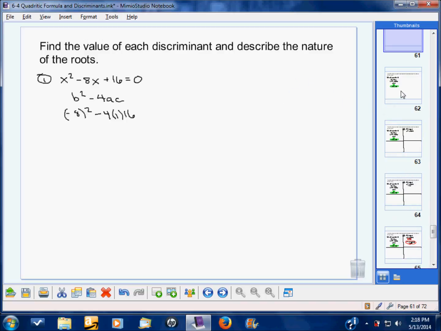One real root. So the value of the discriminant is 0, and the nature of the roots is 1 real. I like this. So all you're doing is figuring that out and then evaluating what that means.